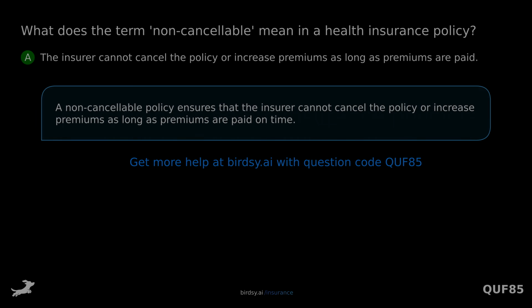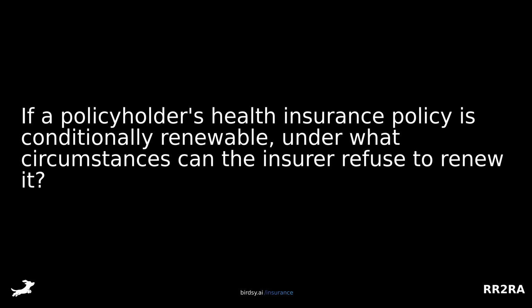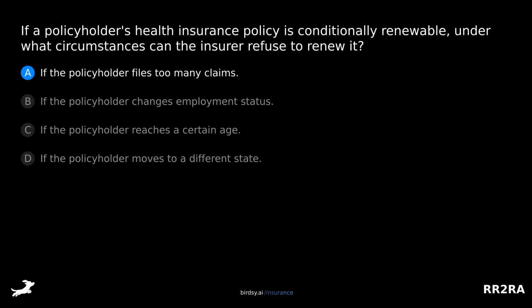on time. If a policyholder's health insurance policy is conditionally renewable, under what circumstances can the insurer refuse to renew it? Is it A, if the policyholder files too many claims? B, if the policyholder changes employment status? C, if the policyholder reaches a certain age?